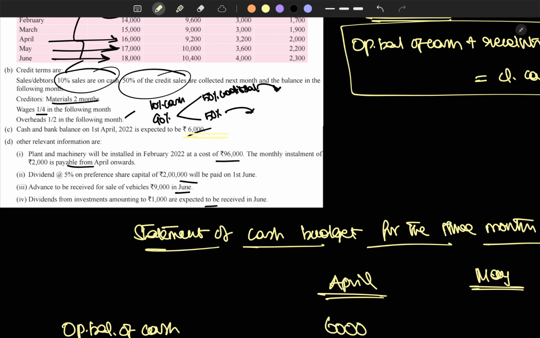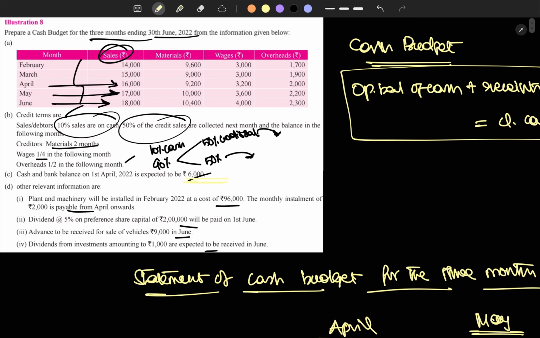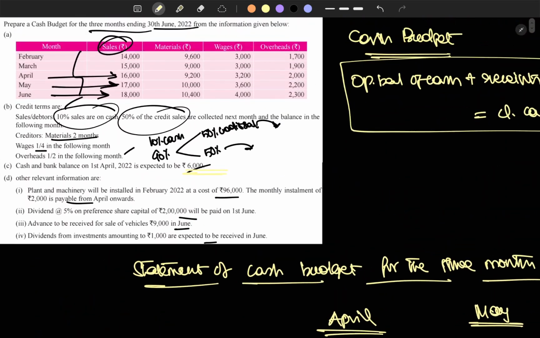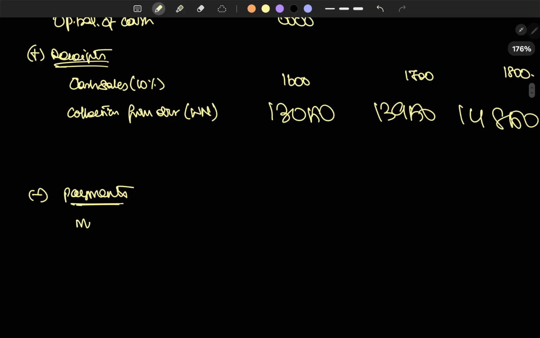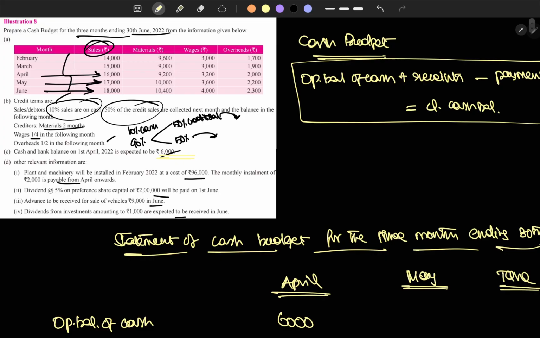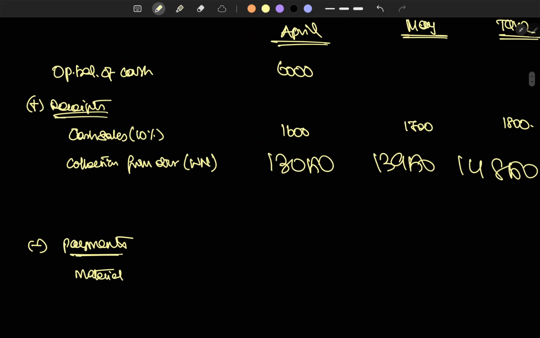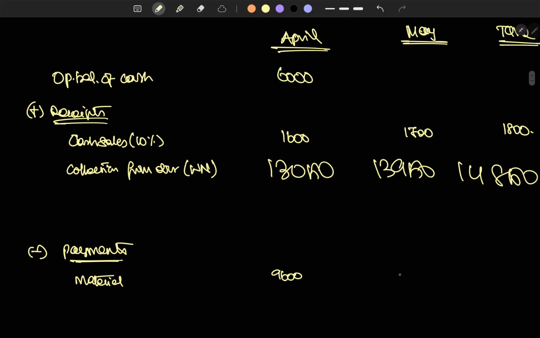So for wages, creditors is 2 months, so that's not a problem. For materials, we are making a payment for the fifth month, paying the amount during April. So 9,600, 9,000, 9,200, right?